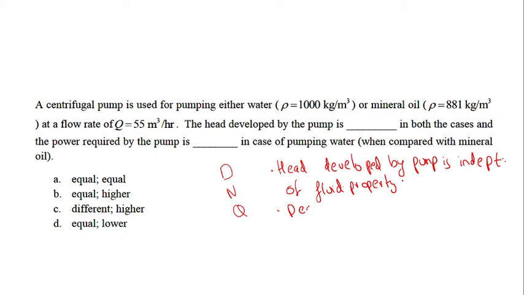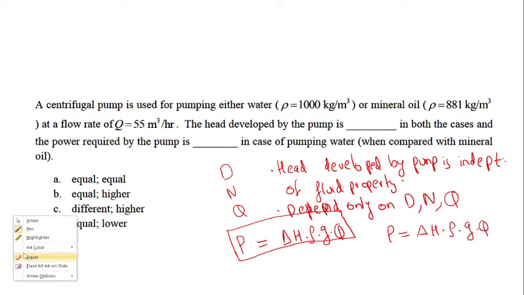So here the power is directly proportional to density. For which fluid will the power be higher, water or mineral oil? Can you tell for which fluid the power required will be higher?